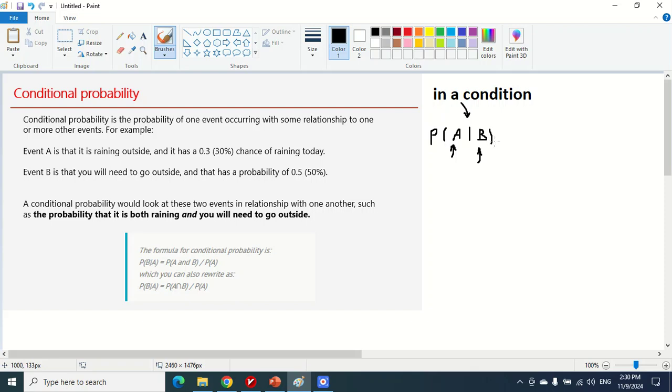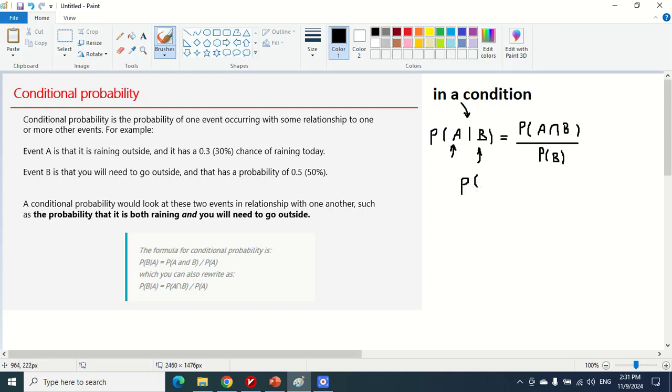To calculate that type of probability, instead of that vertical line, I curve the line and write it as the probability of A intersected with B, and I divide that expression by the probability of B. Of course, the probability of B cannot be 0, meaning B cannot be an impossible event. If B is an impossible event, or B is the empty set, then the probability of B is equal to 0, so that cannot happen.